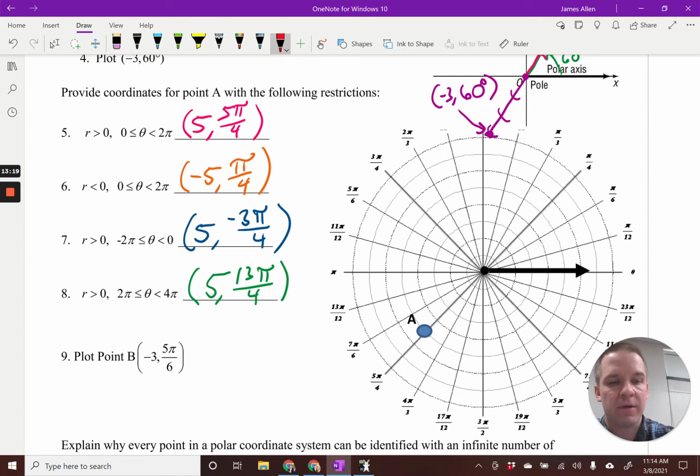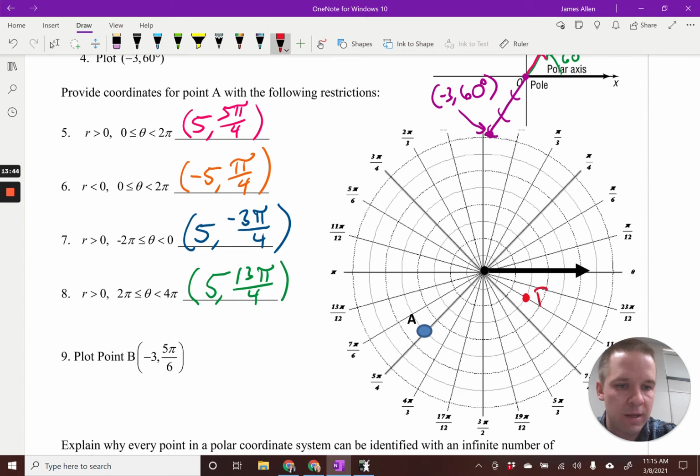Now I really think about the angle of rotation first, and then I use my radius. So kind of at the same time. So I know I'm going to be at like 1, 2, 3. So 5 pi over 6 is right here at 3, but it's negative 3. So I really want to head back this way and reflect over that origin, or over that pole, to that spot right there.